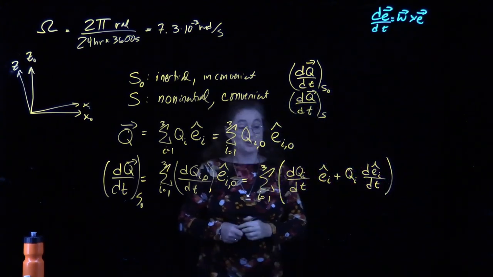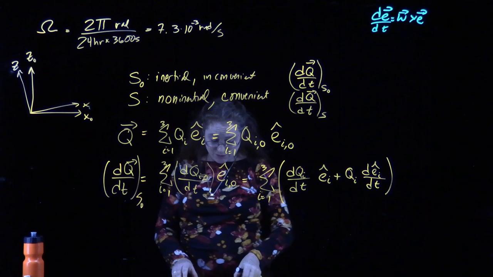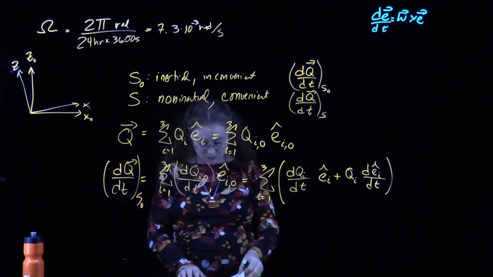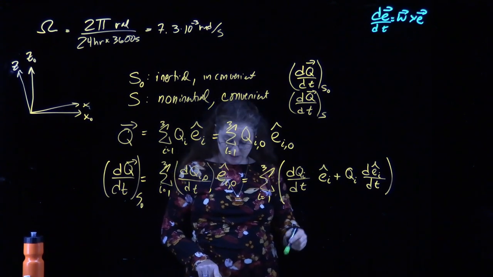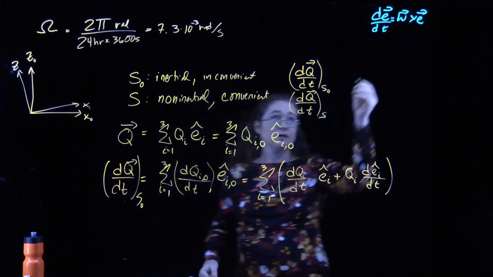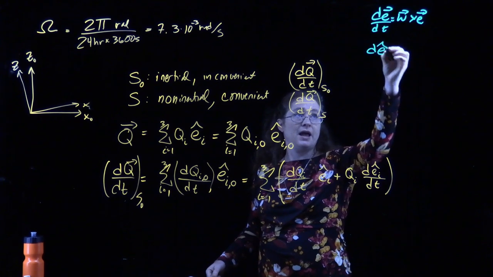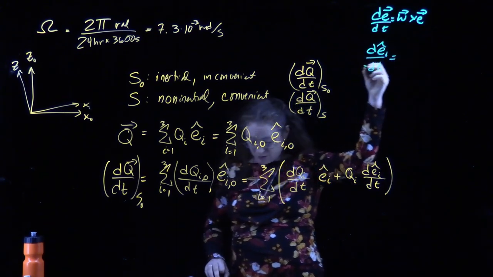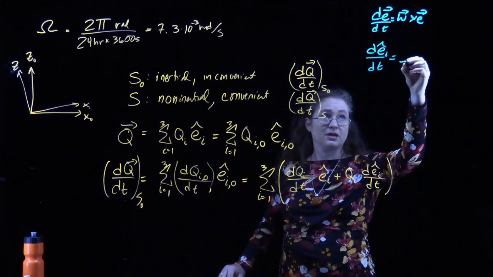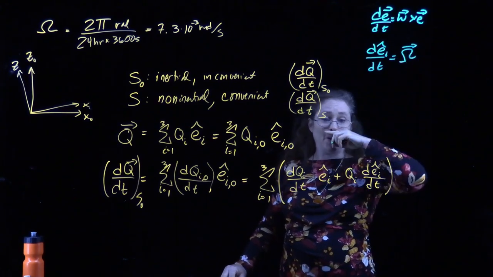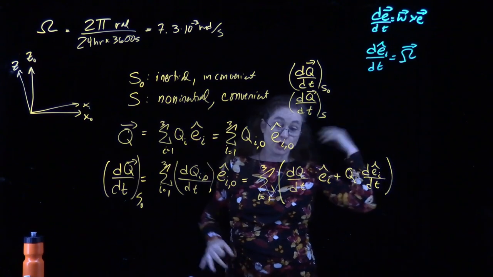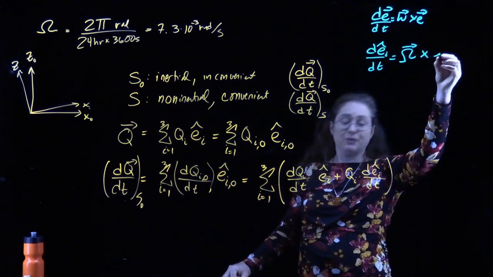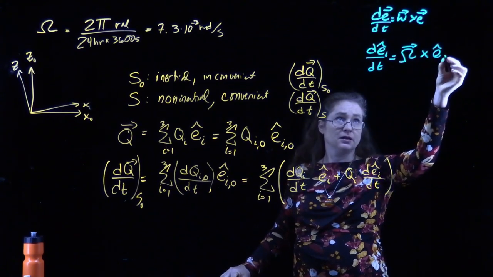Now that is going to be true as well for these vectors right there. So I can say dE hat i dt is equal to, in this case I'm talking about the rotating Earth or the rotating body, capital Omega cross E hat i.